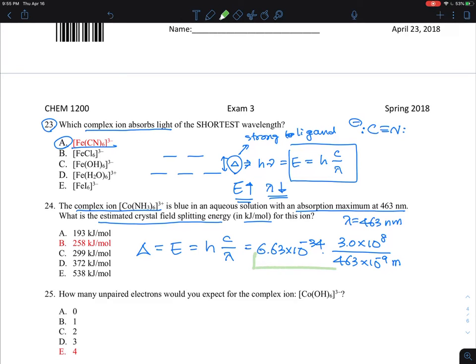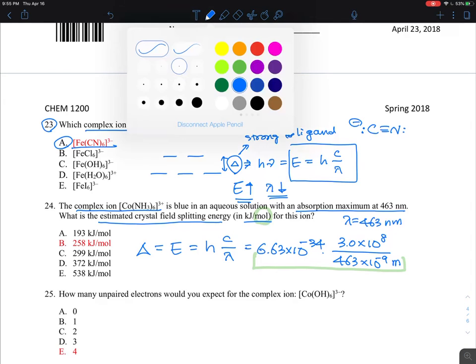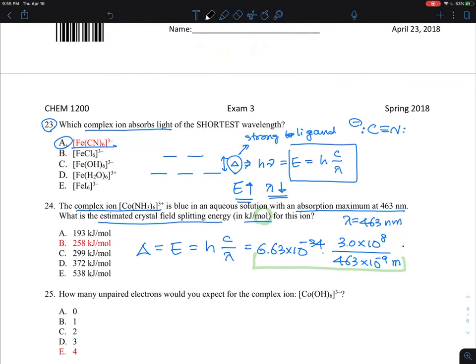This is the energy for one photon, but they're asking per mole, so you need to multiply by Avogadro's number, 6.02 times 10 to the 23. Put everything together and you get 2.6 times 10 to the 5 joules per mole. That's B, the answer for this question.